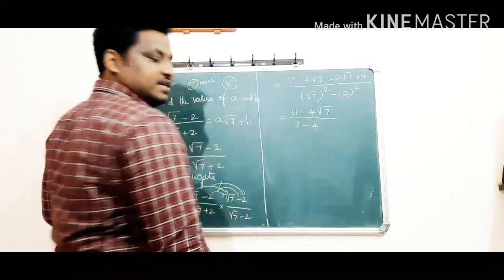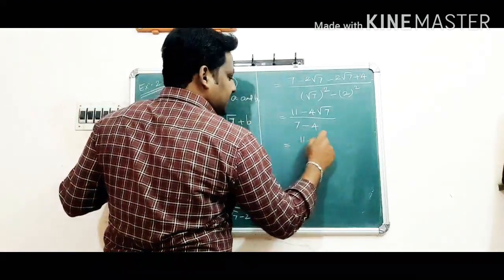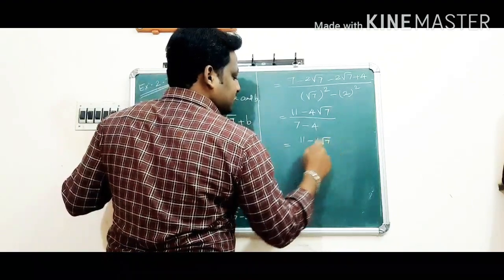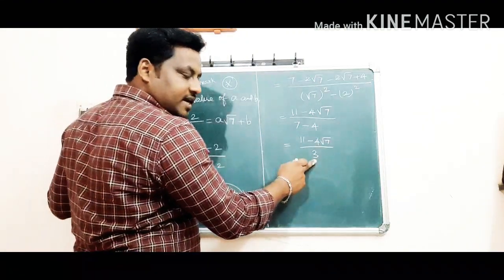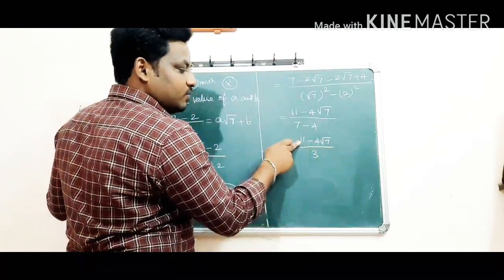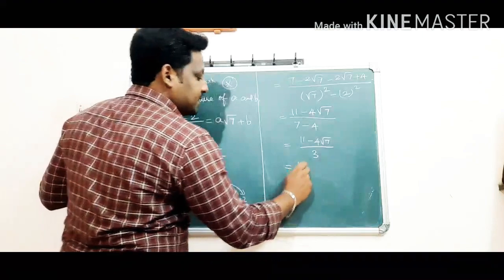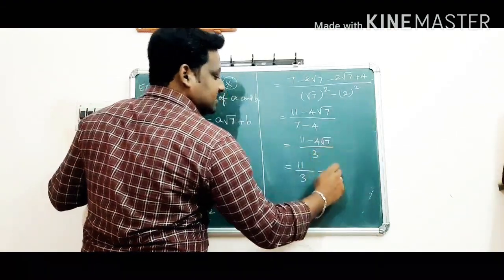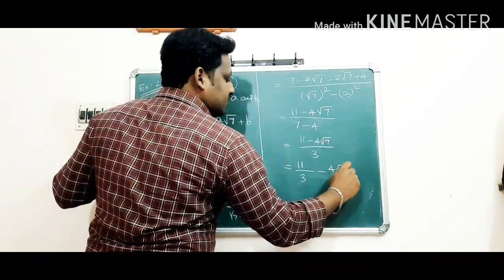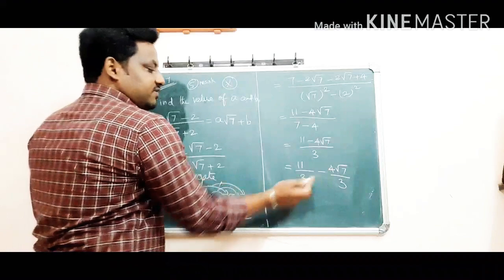So 7 minus 4, that is equal to 3. So (11 minus 4 root 7) divided by 3. So the denominator 3 is common for both 11 and minus 4 root 7. So we have to split the term: 11 divided by 3 minus 4 root 7 divided by 3. Okay, so this is the final value.